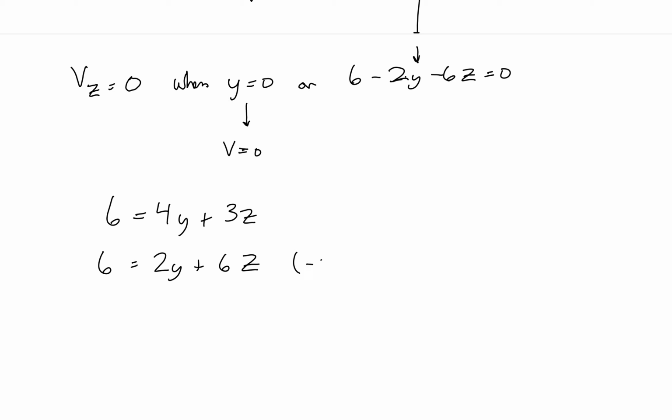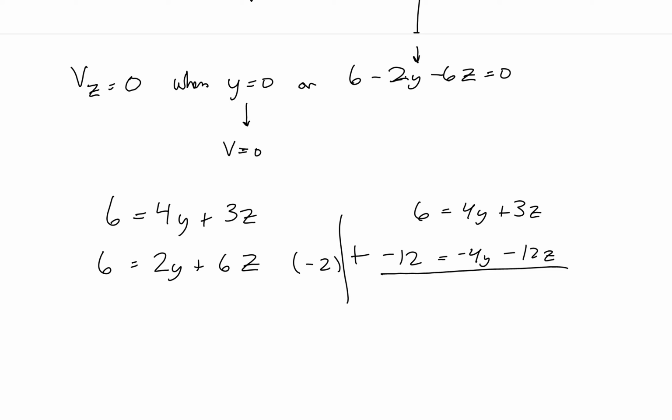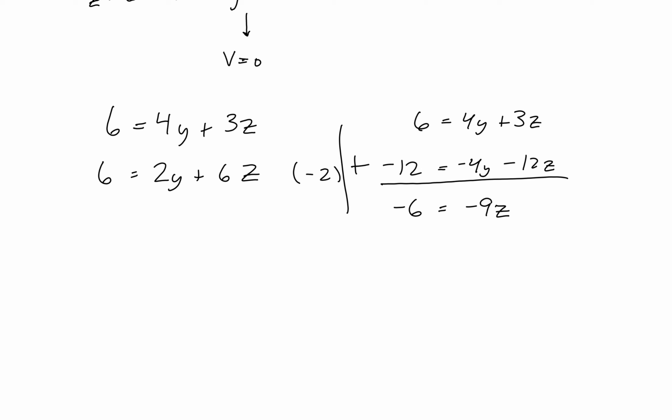So I can multiply this one by minus 2, and I'll have 6 is equal to 4y plus 3z, and then I'll have minus 12 is equal to minus 4y minus 12z. And so now add those two equations together, and I get minus 6 is equal to minus 9z.